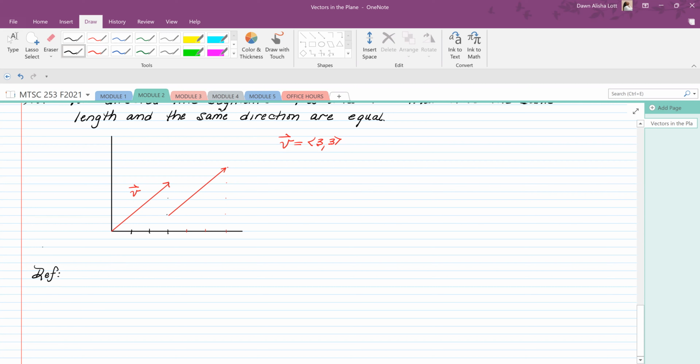All right. So how do you add vectors? The sum u plus v of the two vectors, u, again being u1, u2, and v being v1, v2, is to just add them component-wise.